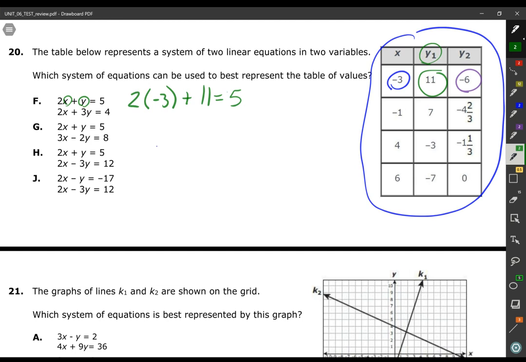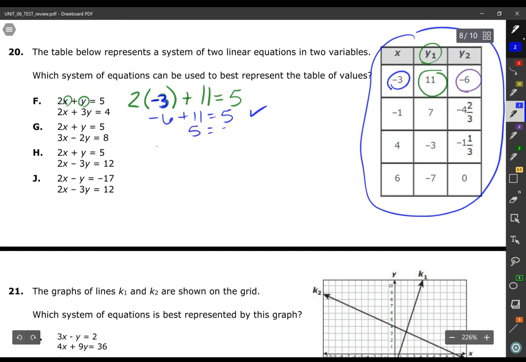The x is always going to be the x, so the negative 3 stays negative 3 because we want what's the new y when x equals whatever. So y, and then my y was the 11 equals 5. I get negative 6 plus 11. So this does work because negative 6 plus 11 is 5. Okay, so that's true. So this one would work.